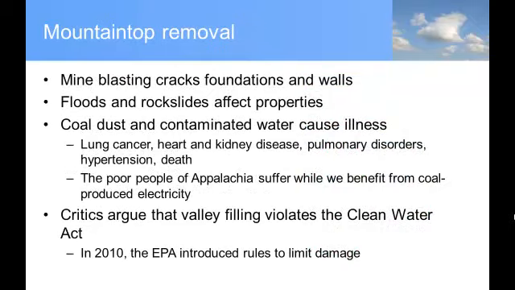The mine blasting cracks the foundations of the buildings and walls nearby, and causes floods and rock slides. Coal dust has been linked to a number of illnesses in people in Appalachia. Critics have also argued that it violates the Clean Water Act by dumping the debris into the local valley. For a long time, they were exempt from clean water regulations. But in 2010, the EPA announced they were introducing rules to limit the damage.